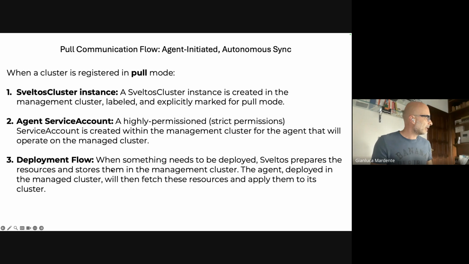Then the user deploys this agent into the managed cluster. From that point on, when something needs to be deployed in a managed cluster in pull mode, the Sveltos components running in the management cluster prepare the instructions for the agent. The agent takes these instructions and does the work.